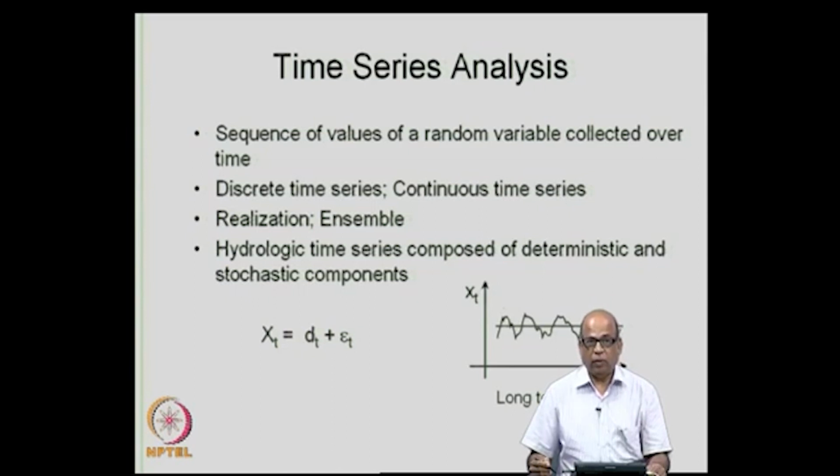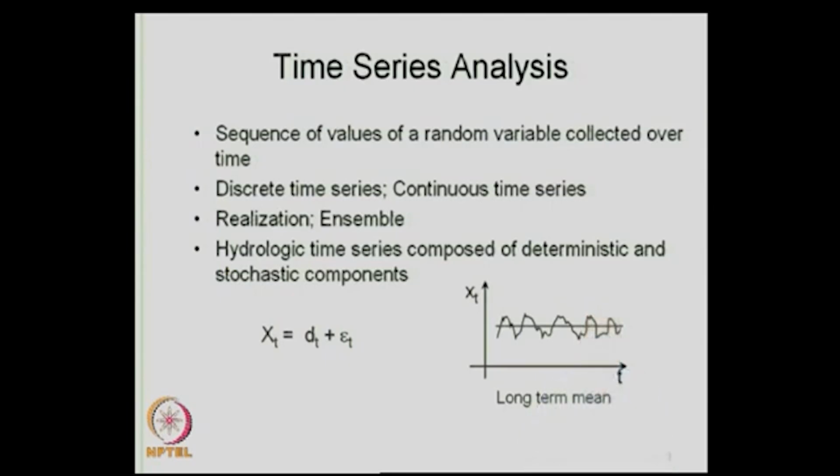The techniques that we are discussing are also applicable in some cases when we have observations across space. The time intervals over which we make the observations can be discrete or continuous, and they lead us to discrete time series and continuous time series.